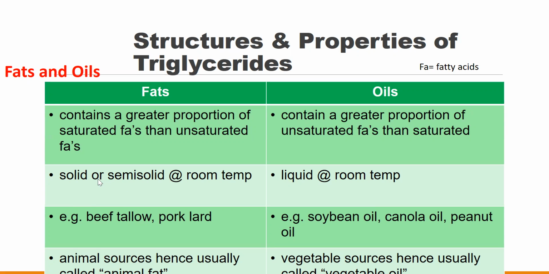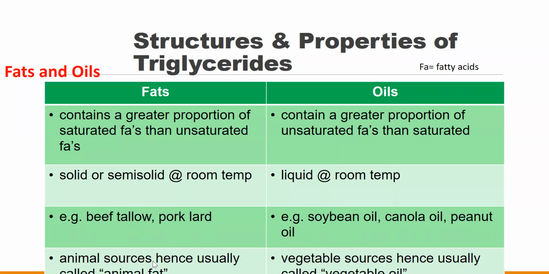And those that are mostly solid contain a greater proportion of saturated fatty acids, those without double bonds. For the liquid oils, like soybean oil, canola oil, peanut oil, expect a greater proportion of unsaturated fatty acids.